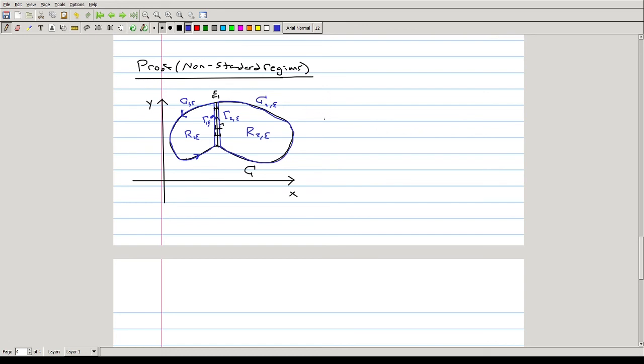So we have that the closed contour integral over C1 epsilon union gamma 1 epsilon, which is this curve and this curve, of f dot dr is equal to the double integral over R1 epsilon of the curl of f dotted with k.